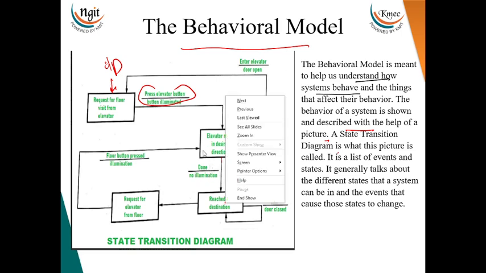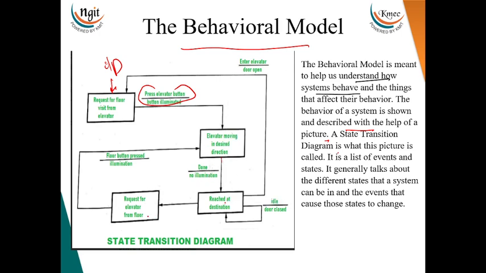If there is a request for the elevator from a floor, it goes through the floor button. Once it reaches the destination, it is idle, the door closes, and again the elevator door opens and it requests which floor it is going to. So based on the input, the system changes, correct.